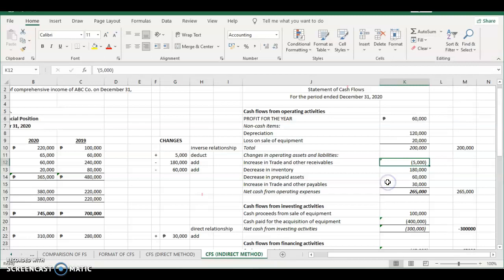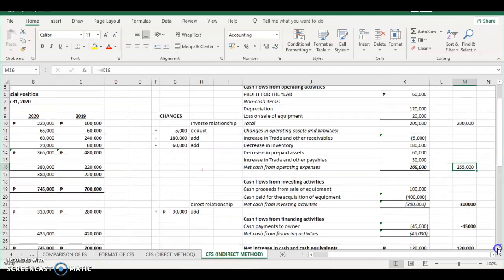Ayaw niya. 270,000. Kasi nga, ang nare-read lang niya, hindi kasama yung minus. Okay? So, 265 yan lahat. Proceed tayo sa investing.